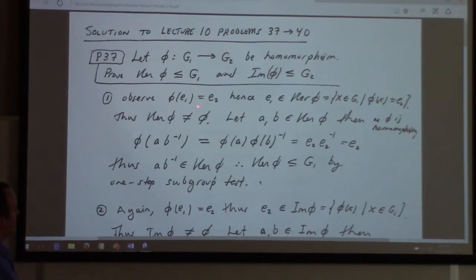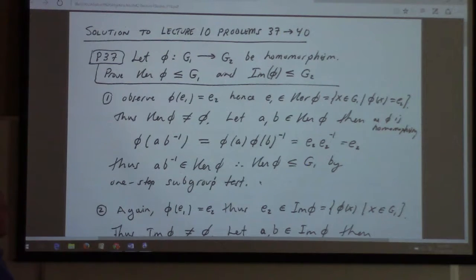Basically, the identity maps to the identity, so the kernel is non-empty. I pick A and B in the kernel, and I look at the image of AB inverse. That's the image of A times the image of B inverse, because we proved that for a homomorphism, phi of A to the n is phi of A to the n.